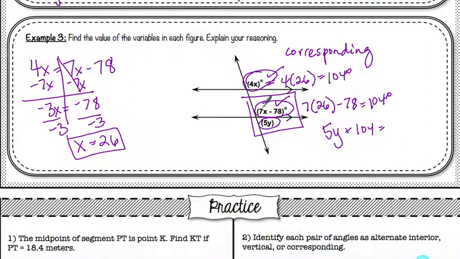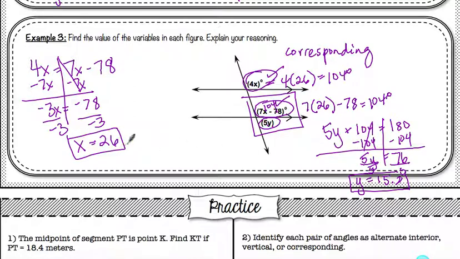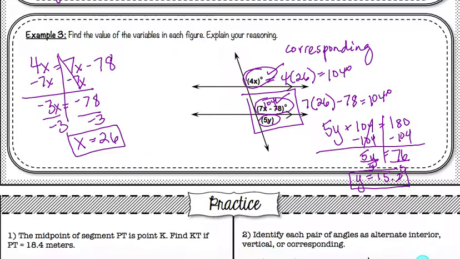This one's 104 degrees. They equal 180 because these two angles form a straight line, and that means they're supplementary. So I'll solve this equation. Okay, so I subtract 104 and I get 76. Then I divide by 5 and I get y is equal to 15.2. So my answers are 26 and 15.2.